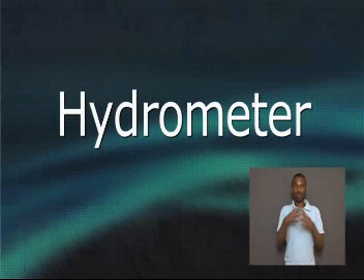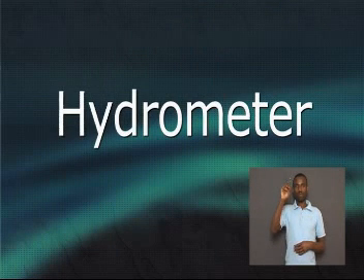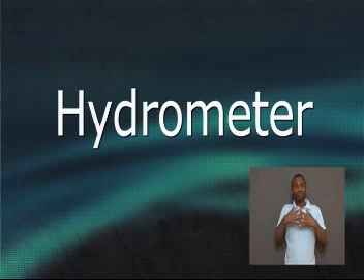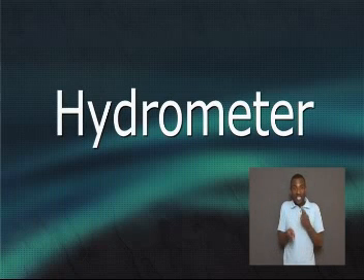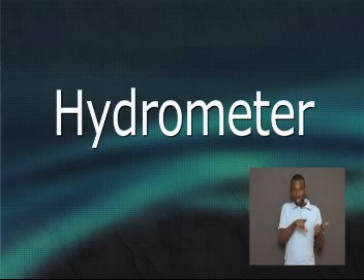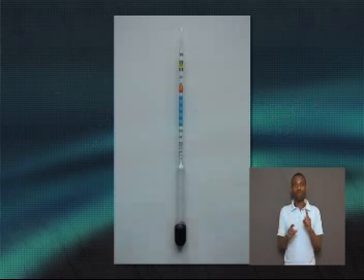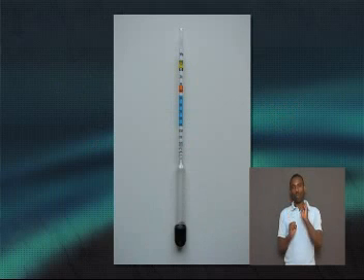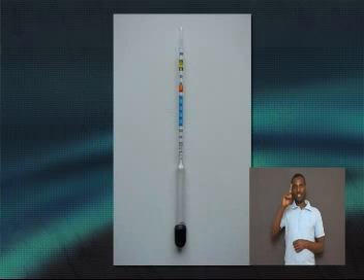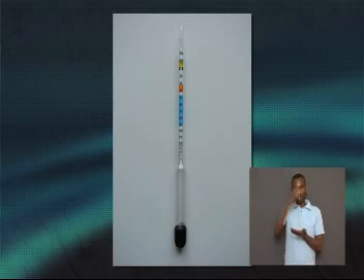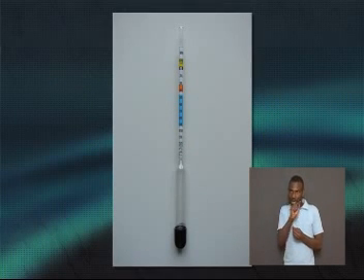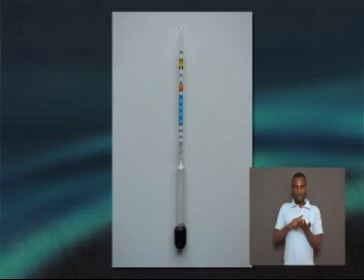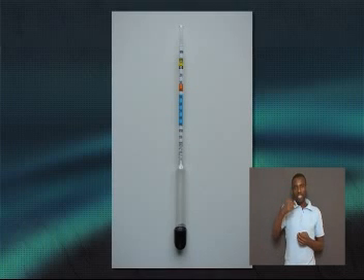To make it easier, you can use an instrument called a hydrometer. A hydrometer is an instrument used to measure the relative density of a liquid compared to the density of water. A hydrometer is usually made of glass and consists of a cylindrical stem and a bulb weighted with mercury or lead to make it float upright.